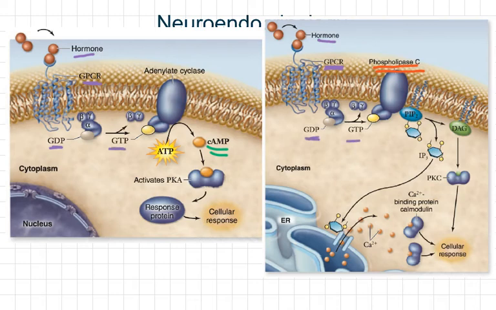Where these two mechanisms of action diverge is the complex which the GTP activates. Again, for the cyclic AMP, it activates the adenylate cyclase. However, for phospholipase C, the GTP activates phospholipase C. And then the rest of the secondary messenger cascade is significantly different compared to that of the cyclic AMP.